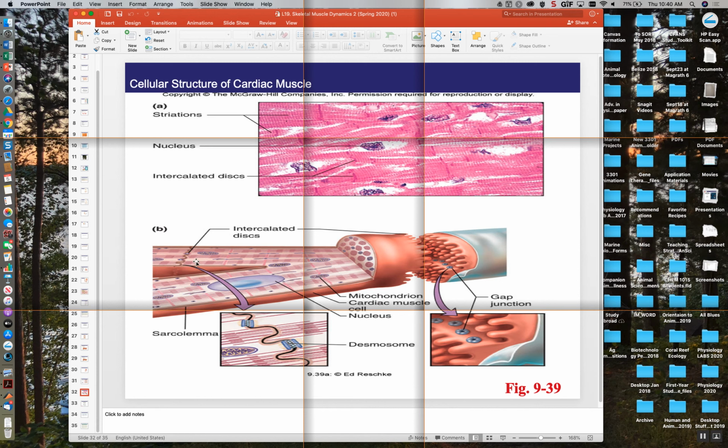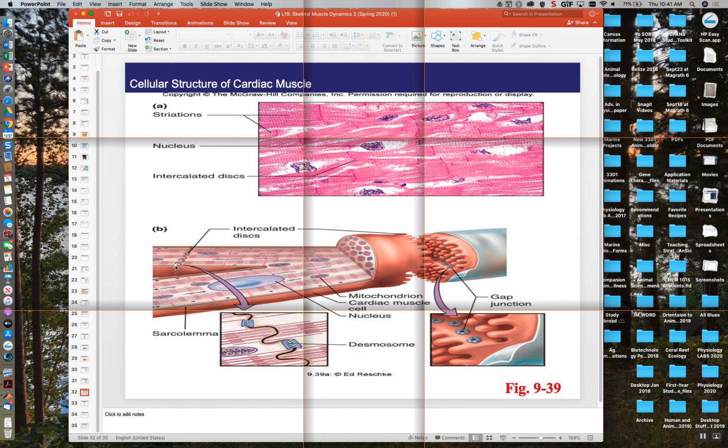But I think the structure that you're really looking for in cardiac muscle is the intercalated discs. Intercalated discs. And if you look closely at the bottom here, right? If you look closely at the bottom, intercalated discs are made up of desmosomes. I don't know if you remember that from the epithelial cell section, but these are those spot welds that help the fibers kind of stick together, stay together.